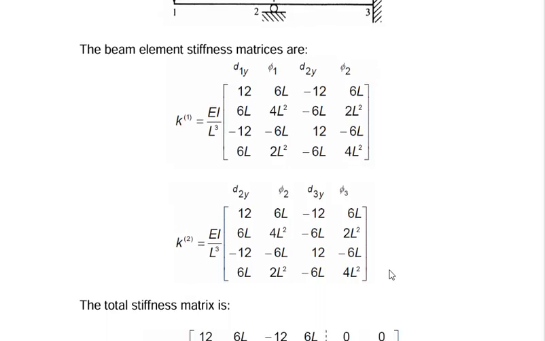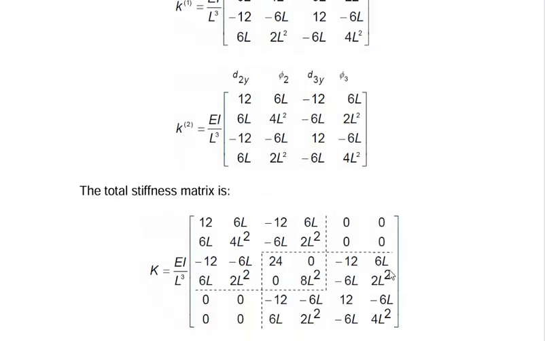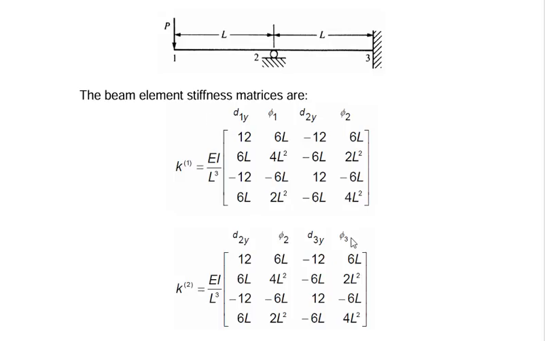Once we have the element stiffness matrices, the next step is to assemble them to get the global stiffness matrix. Conceptually, that procedure is exactly the same. In this case, we have a structure which has 3 nodes, and each node has 2 degrees of freedom.